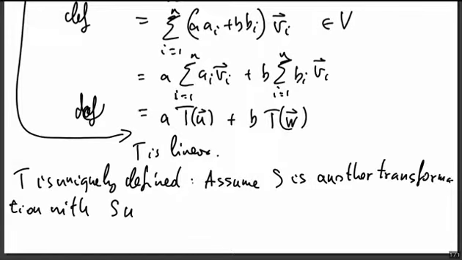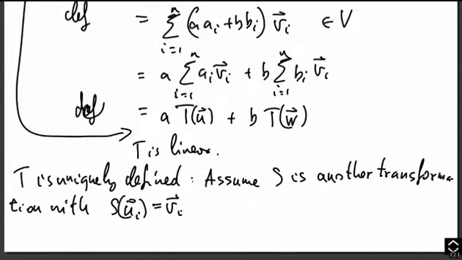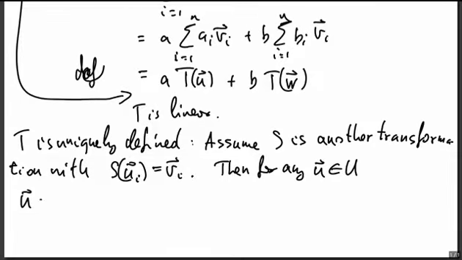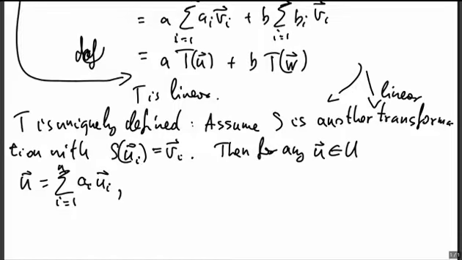So this we know, S of ui is vi. Is it possible that we have another transformation? Well, then for any vector u from the vector space U, we check what's the difference. So we write again u as a linear combination of the basis elements. We want to see what's the difference between the two transformations when we apply it to an arbitrary vector u.